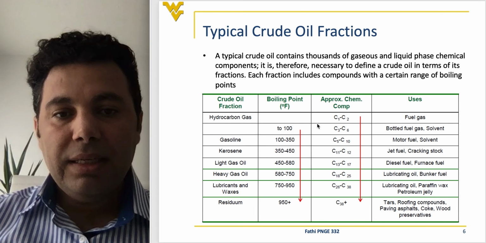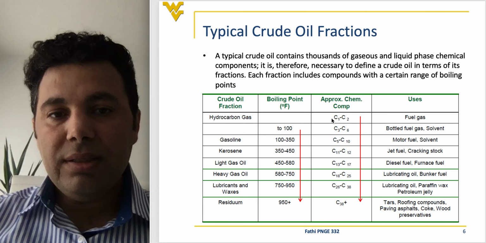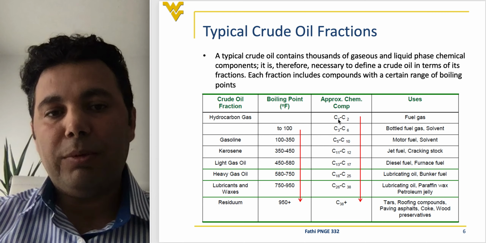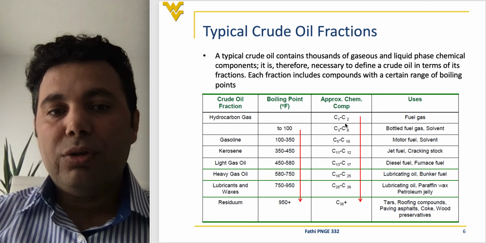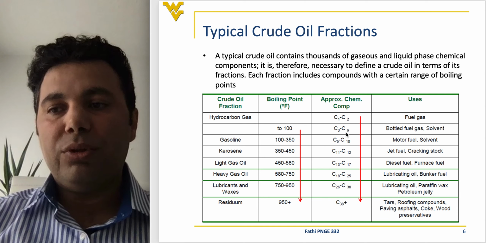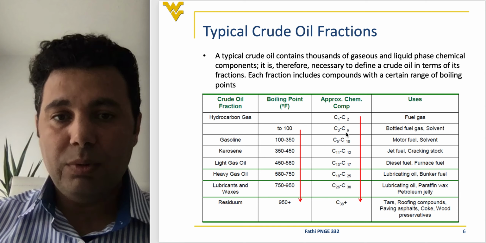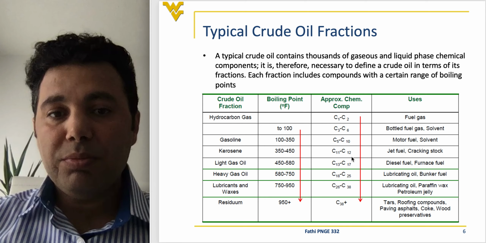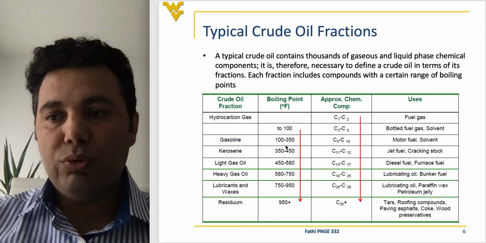So if you look at this table, from the light components, C1, C2, these are the carbons. These are the number of carbons. C1 means you have one carbon atom. C2 means you have two carbons. And then it goes all the way. As you have more carbon in your structure, it becomes bigger and heavier. As the structure becomes bigger and heavier, you need more energy to break those structures.